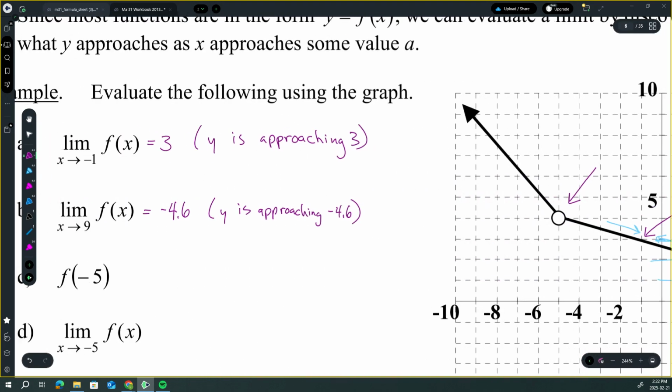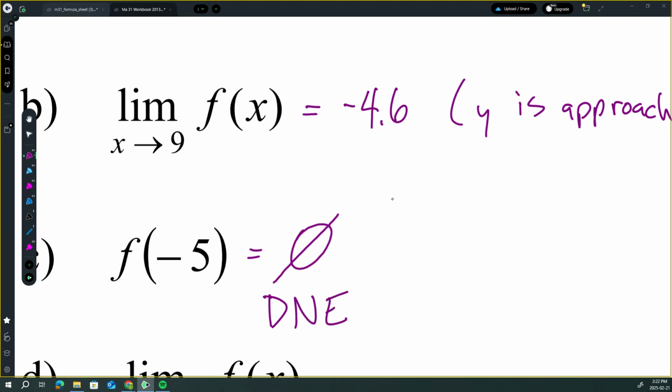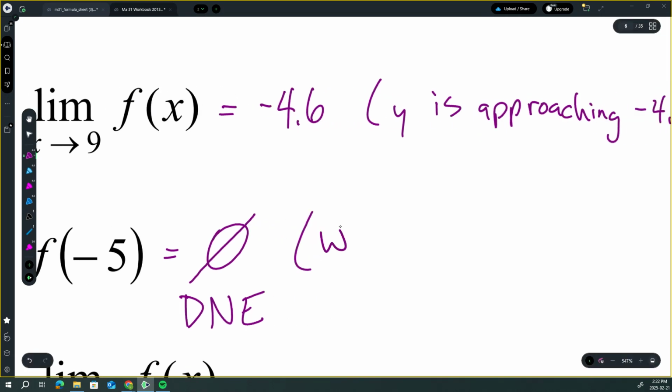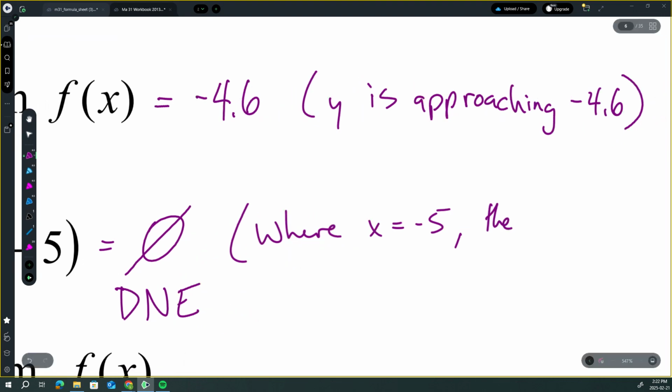I'm going to use some math symbols to write that. You could write does not exist, DNE, or I just write a 0 with a line through it. Either will be fine. So what we're saying here is that where x is equal to -5, there is no y for this graph.